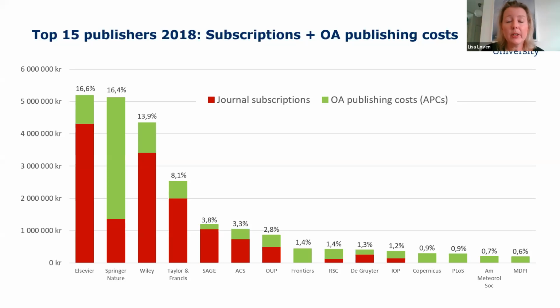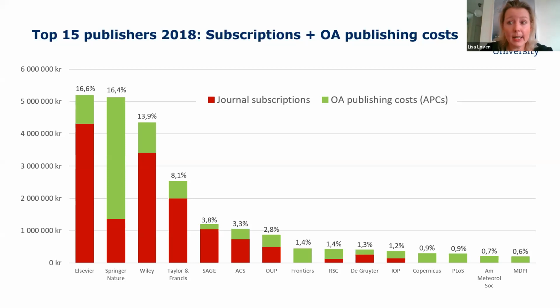The red part of the columns are the journal subscriptions, and the green part is the open access publishing cost. I've used different colors here just not to confuse you with previous charts, since it was hybrid and full open access. In the green part here, it could be both hybrid and full open access publications. Again, more than half of the money spent went to the 3 large legacy publishers.